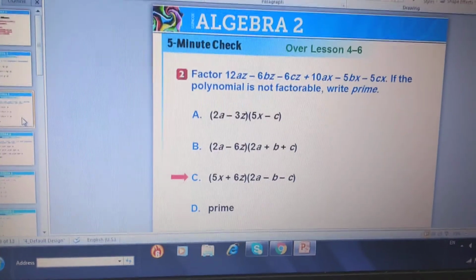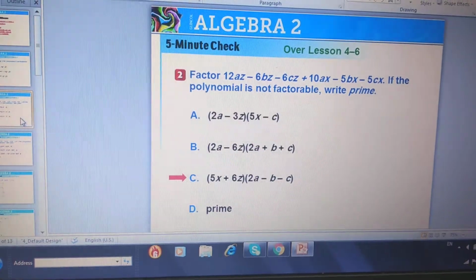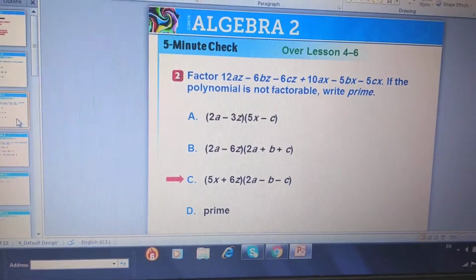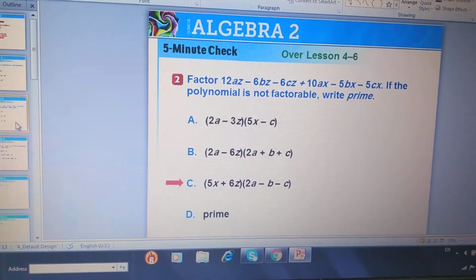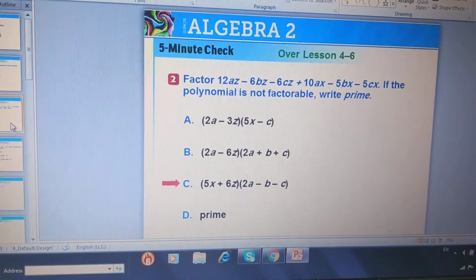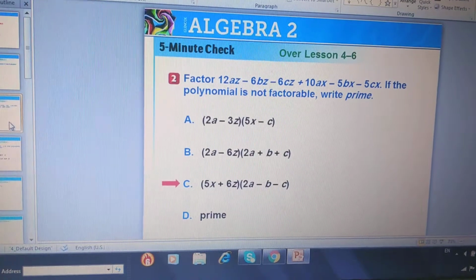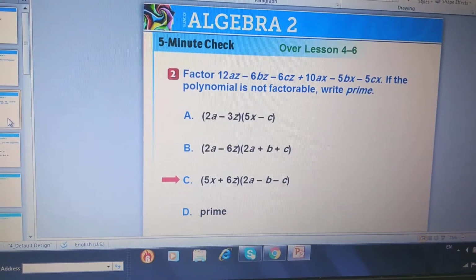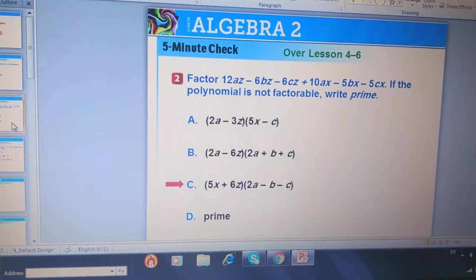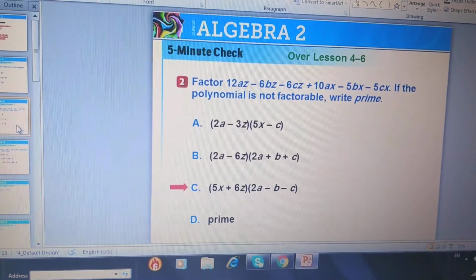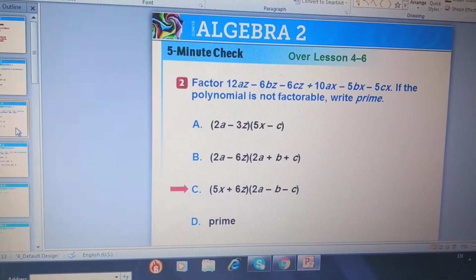Another example: factor 12az minus 6bz minus 6cz plus 10ax minus 5bx minus 5cx. And of course, if you cannot factor it, you must write that it is prime. Here you need to use grouping or any way you want.